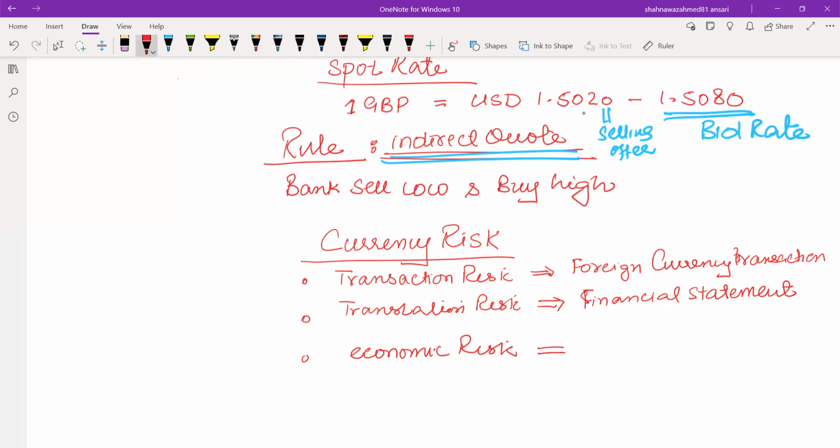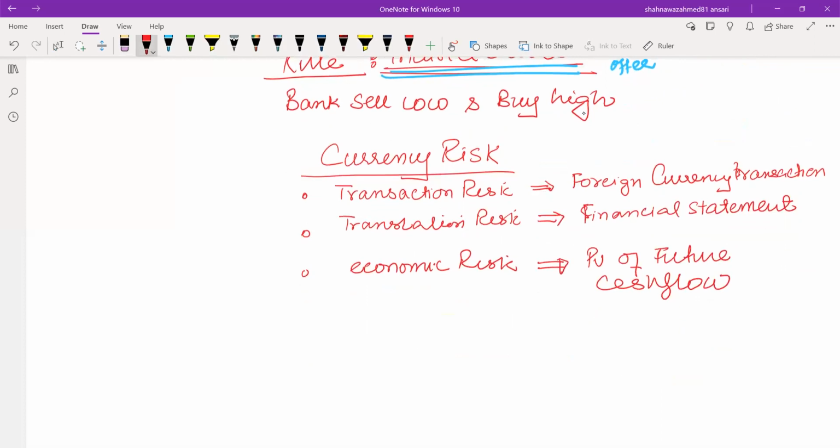As far as economic risk is concerned, it affects the present value of future cash flows. Or you can say that it affects the position of an entity against its competitors.